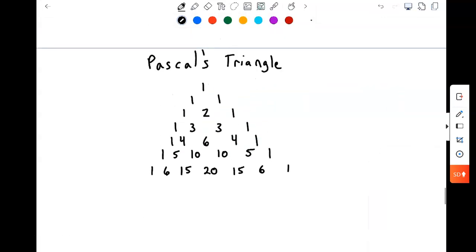As you go down each diagonal, the next number, so this 2, is the result of 1 plus 1.